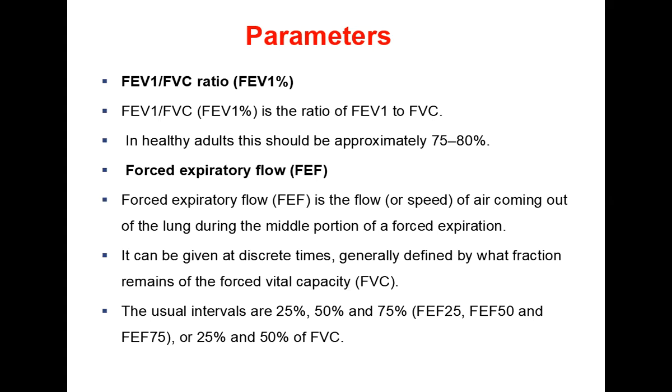Forced expiratory flow is the flow or speed of air coming out of the lungs during the middle portion of expiration. It can be given at discrete times, generally defined by what fraction remains of the forced vital capacity. The usual intervals are 25%, 50%, 75%.